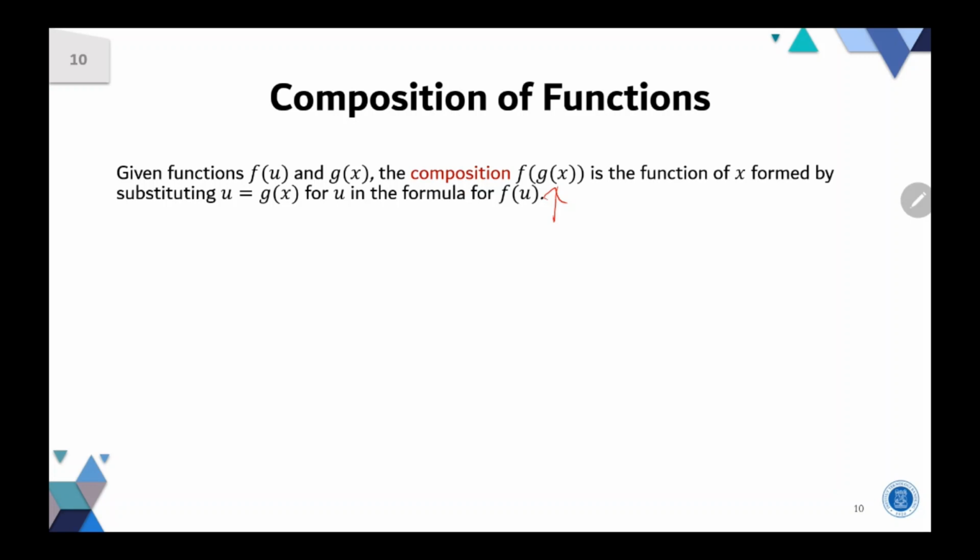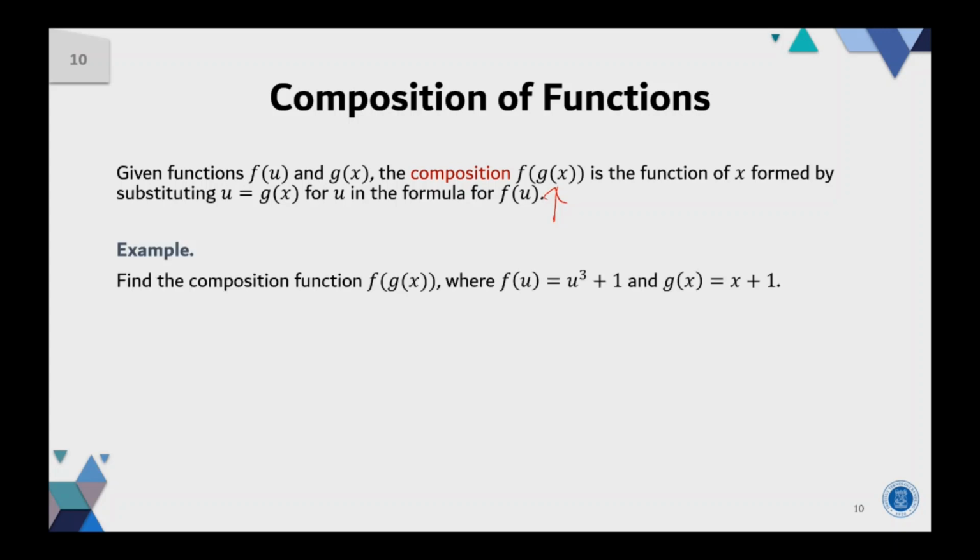All right, so let's see one example. If we have f of u is u to the power of 3 plus 1 and g of x is x plus 1, then if we compose f and g, f of g of x, it means we substitute the function g into function f.